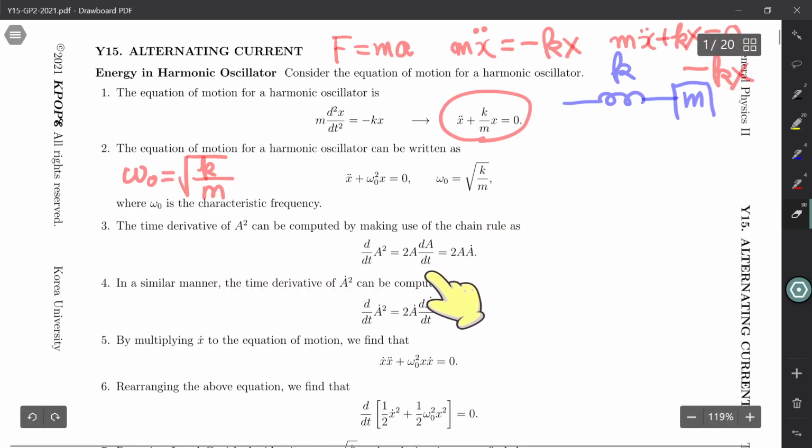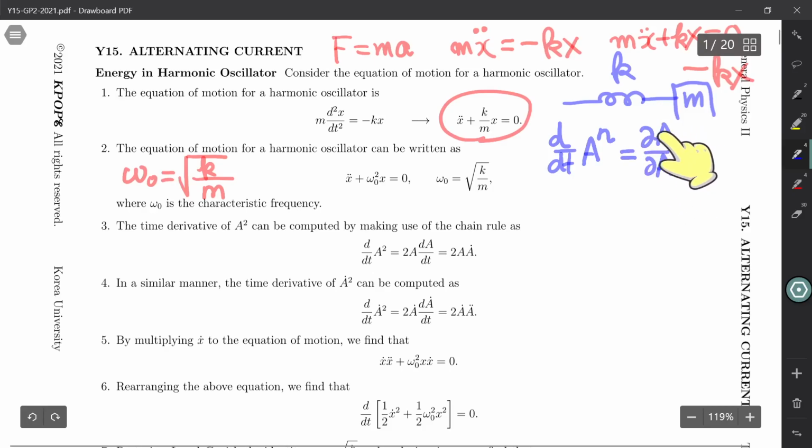Before we go ahead, we first consider the chain rule. The time derivative of a to the n is expressed like that.